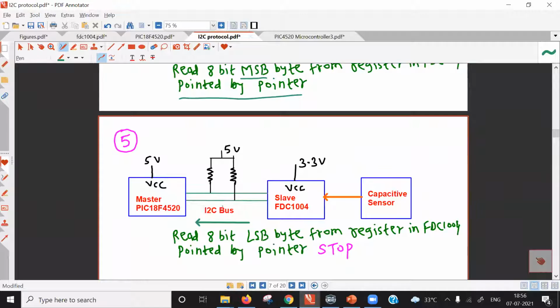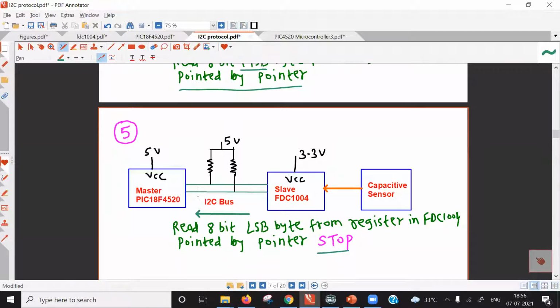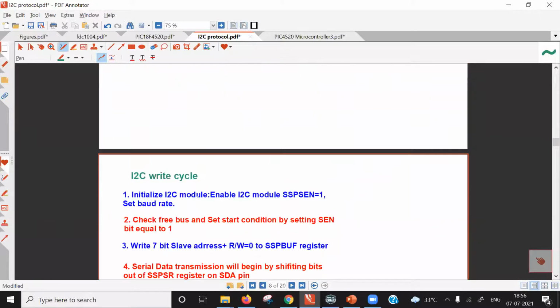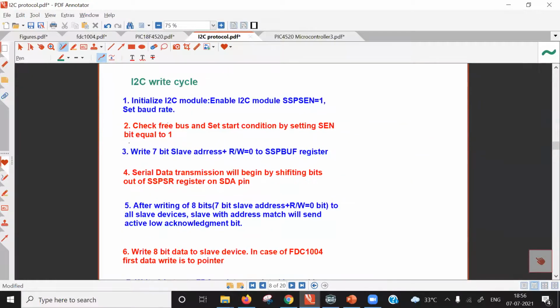Here read the remaining 8 bits, that is the LSB byte, from the register in FDC 1004 pointed to by the pointer, and then initiate the stop condition on the I2C bus. This stop condition is initiated through the program. So all the conditions here, start condition, stop condition, are initiated through proper bits in the control registers associated with the I2C module. This part I will discuss later.